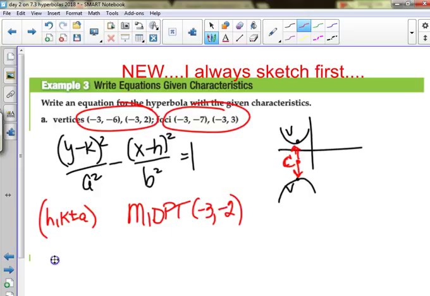All right, so if h and k are -3 and -2, and we figure out what a is, how far is that vertex above the center or below? Yeah, you could have done the difference in the vertices and said that's 2a, right?